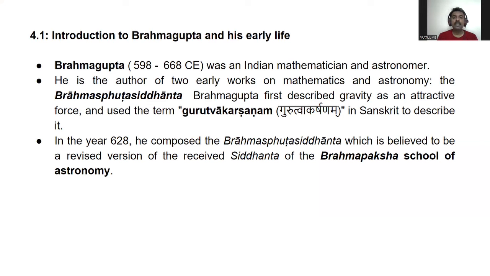Brahmagupta was an Indian mathematician and an astronomer. He is the author of two early works on mathematics and astronomy, the Brahma Sphuta Siddhanta. Brahmagupta first described gravity as an attractive force and used the term Gurutvakarsanam in Sanskrit to describe it.